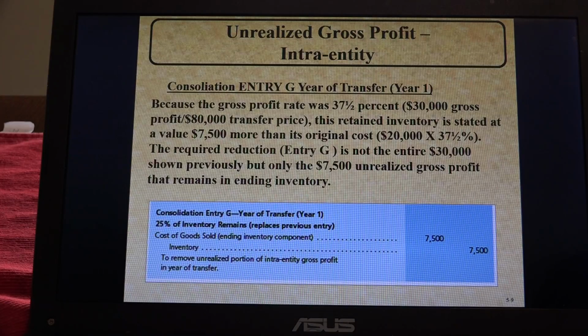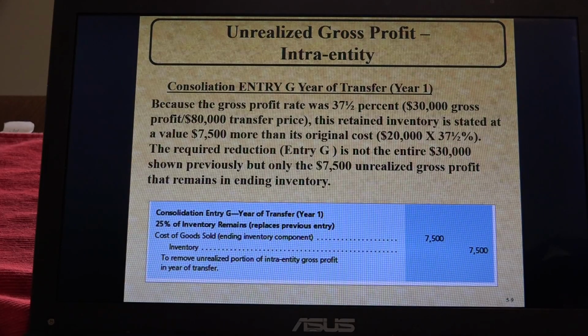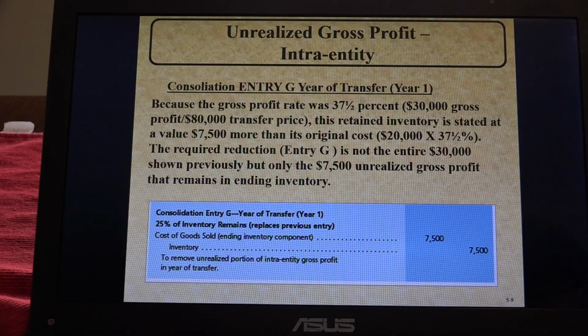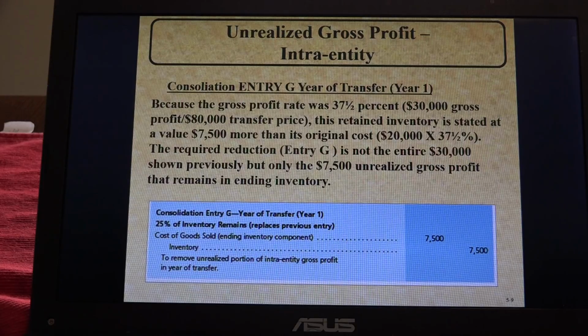And so we don't reverse by 30,000, we reverse it by 20,000 times 37.5%. And so our entry in this case is going to be same accounts, cost of goods sold, 7,500 debit, and inventory 7,500 credit. Okay, so that's what you're going to do at the end of year one.